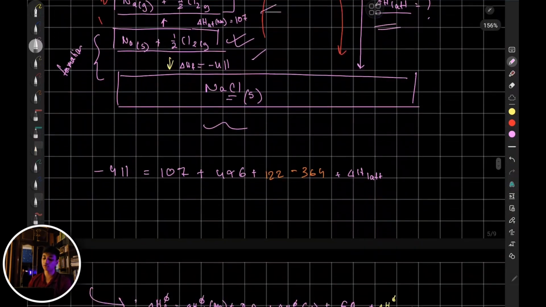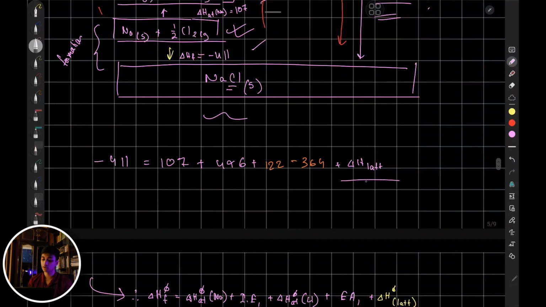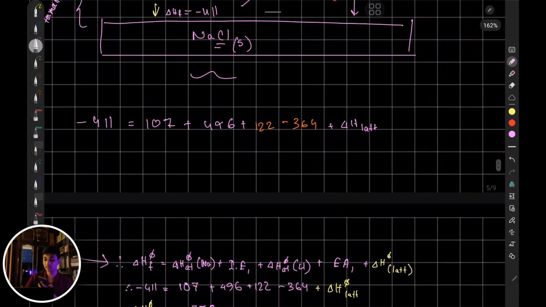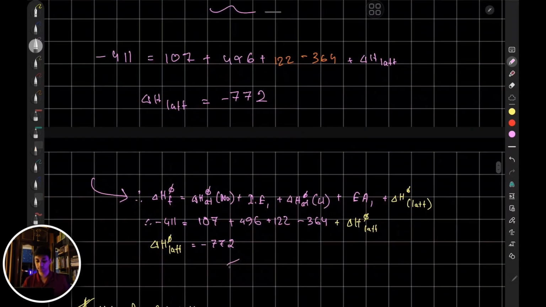We don't know the value of this, and we are going to bring this on one side and take the rest to the other and calculate for del H lat. Okay, take your calculator and calculate for this. Let's see if it matches. Alright, so I get a value of del H lat as minus 772. Great, so it matches with the calculation I've done already before.